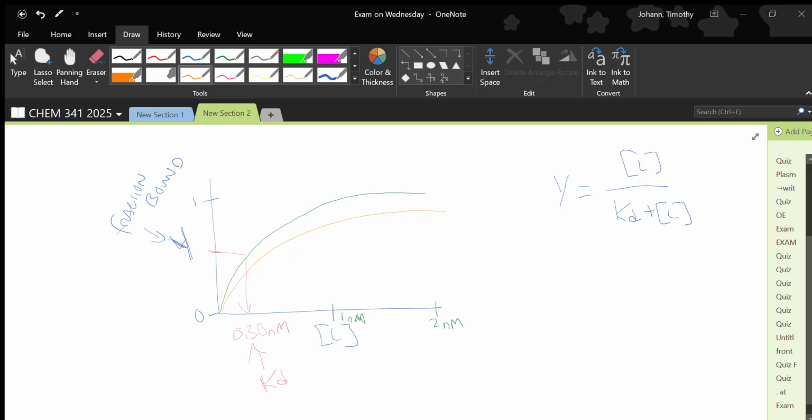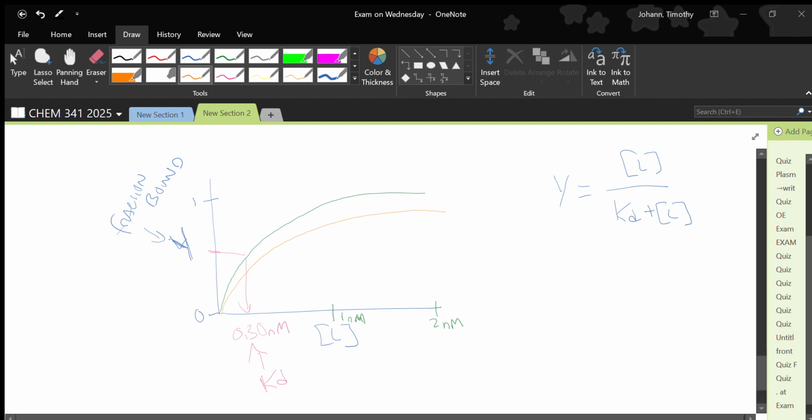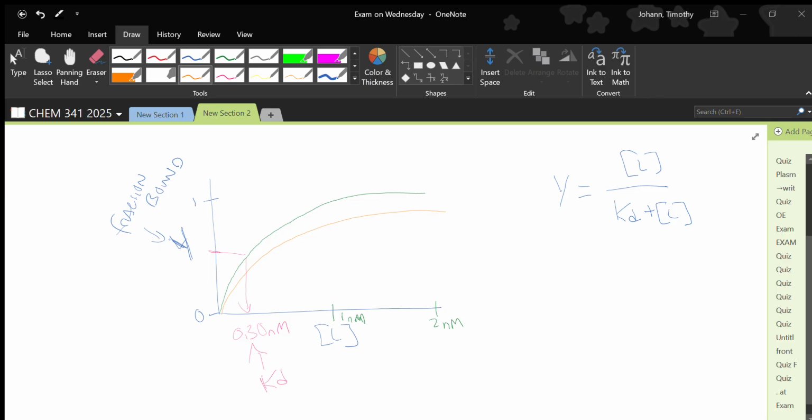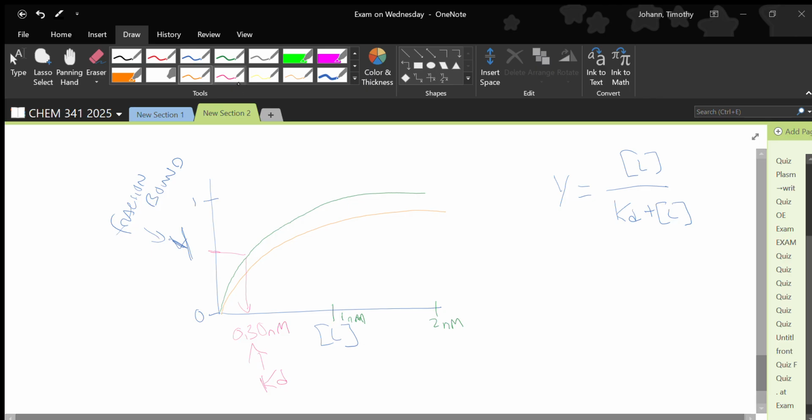Nope, I'd still read it at half because it's half the sites. So this might represent an equilibrium where, at equilibrium, all the protein sites aren't bound, which can happen. And so I'd still be reading at 1/2 all the way over. But that's going to maybe have a 0.5 nanomolar KD.